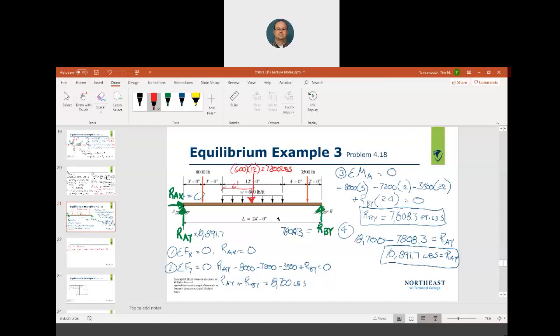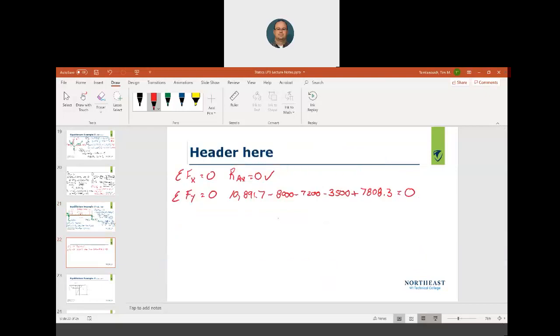There it is. Okay, plus, I must have punched a number wrong in my calculator. 7,808.3, and I get 0. So yes, that equals 0. I'm on the right track.